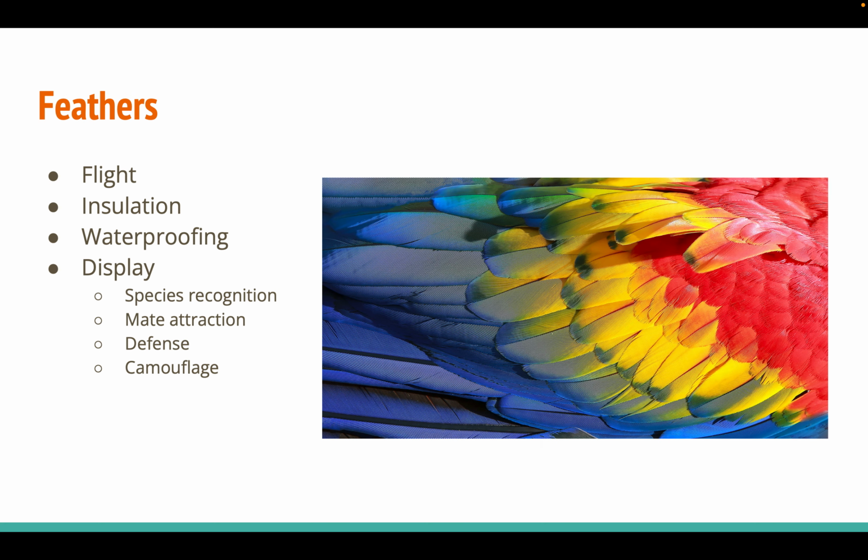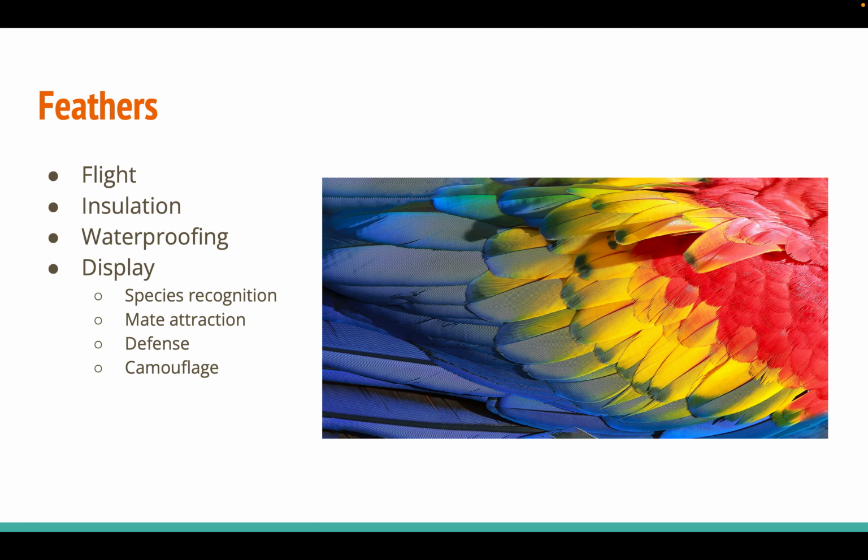But speaking of feathers, they're super cool. They're incredibly useful. Birds use feathers for multiple purposes, such as flight, insulation, waterproofing, and display. Display can be useful for recognizing species and for attracting mates. Some species of birds, like the peacock, for example, use their feathers as defense.